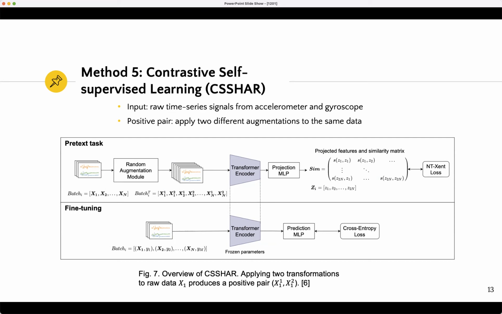Say the input X1 will have two augmented versions, X11 and X12, and those two will be regarded as a positive pair. That's how they construct the positive pair.